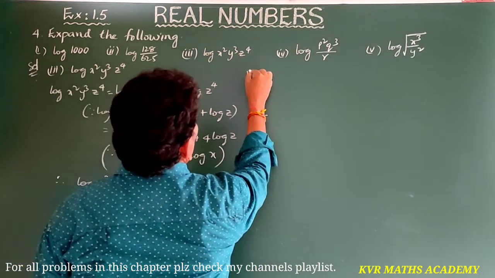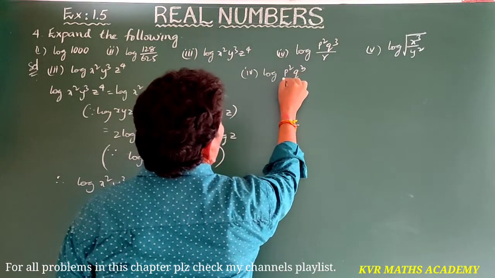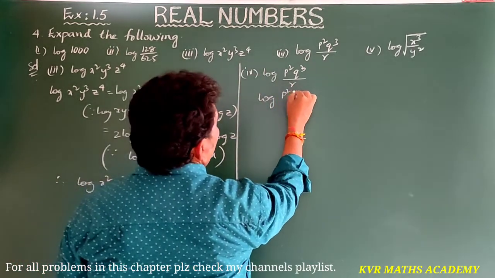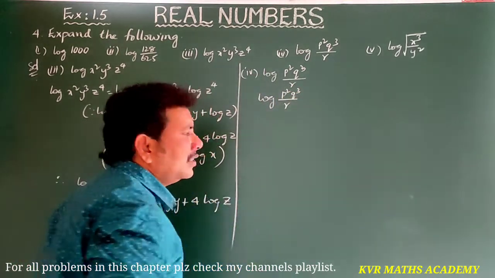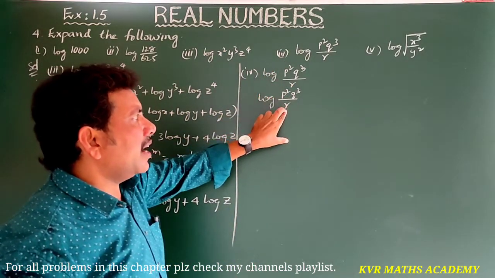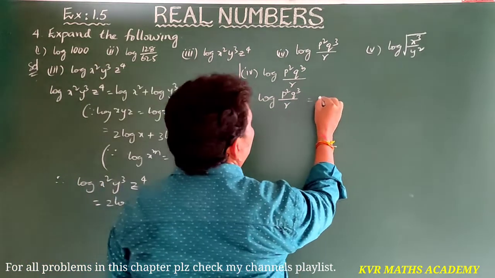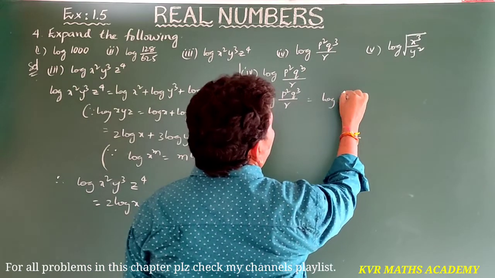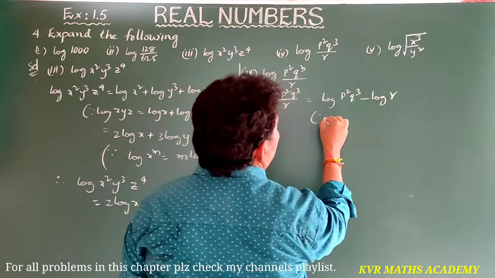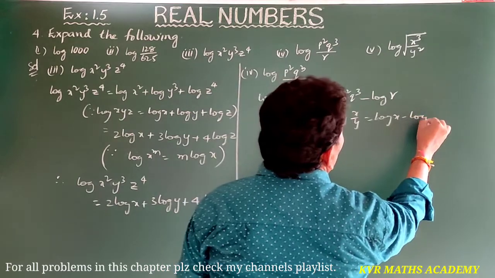Fourth, log p square q cube by r. How can you write it? First, take p square q cube as x and r as y. Log x by y is equal to log x minus log y. So this will be log p square q cube minus log r.